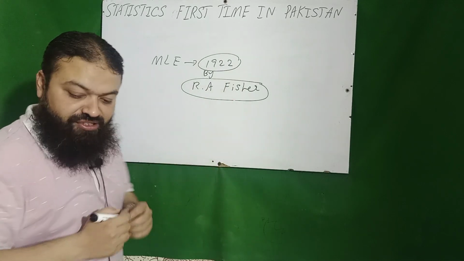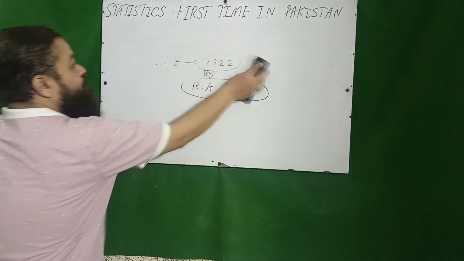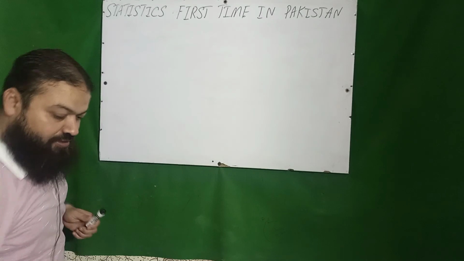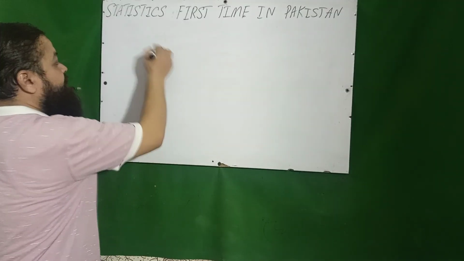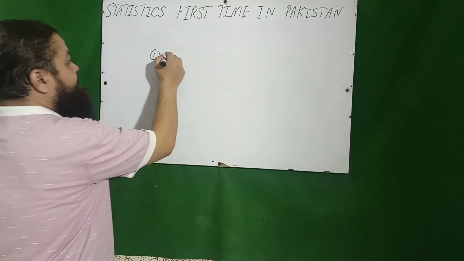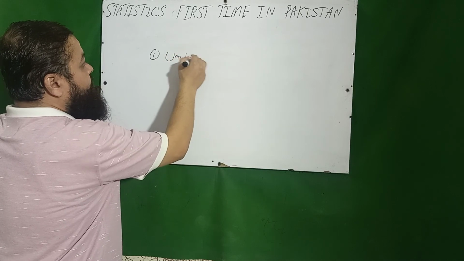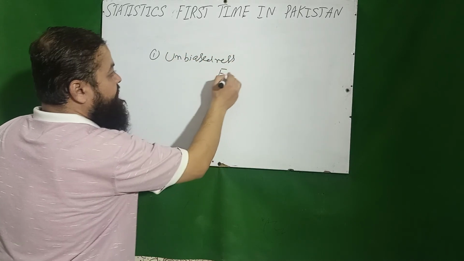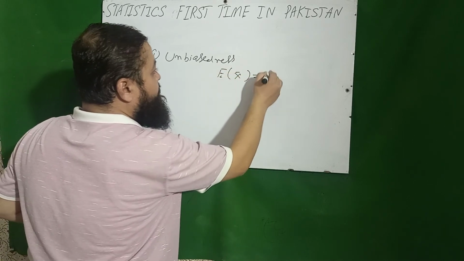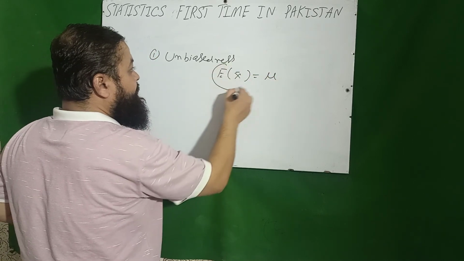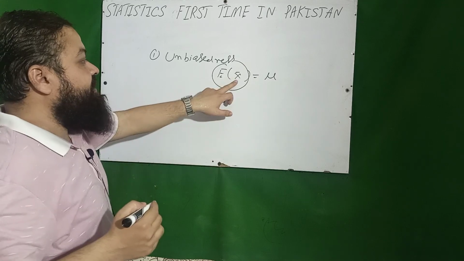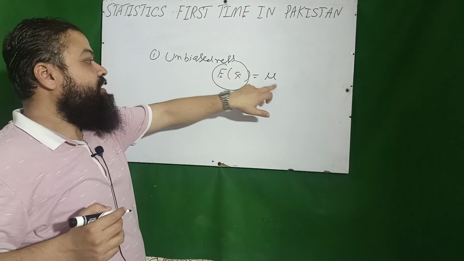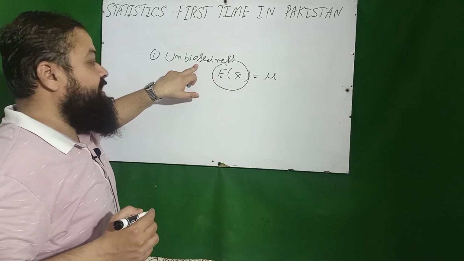Fisher. Dear students, I want to give you some more important concepts of statistics. There are 4 properties of a good point estimator. For example, we have discussed unbiasedness. It is expectation of x bar is equal to mu. If the expectation of an estimator is equal to the population parameter, we say that it is unbiased.